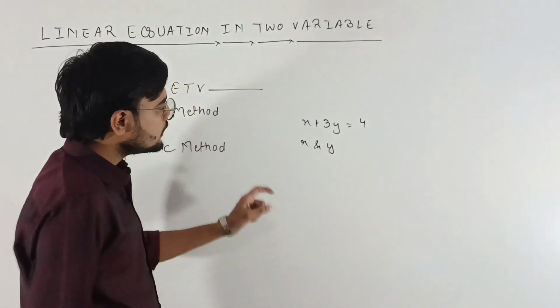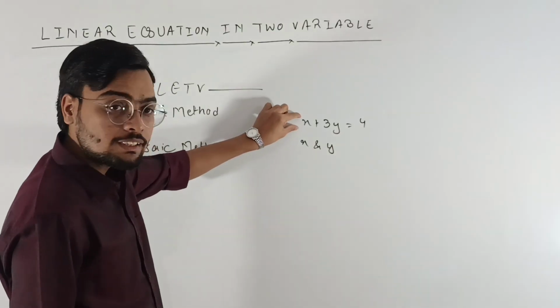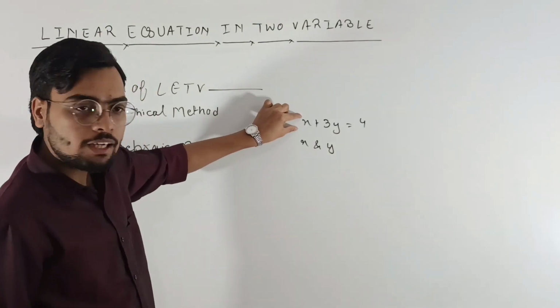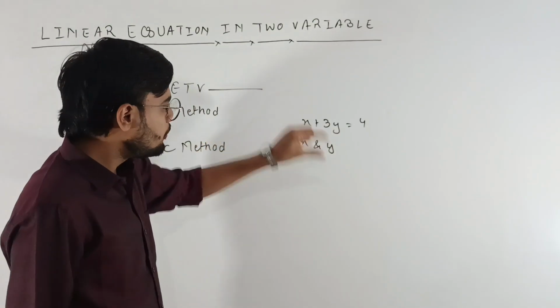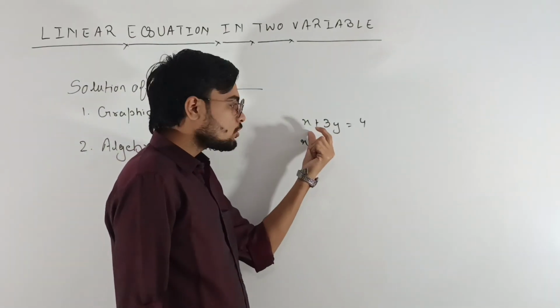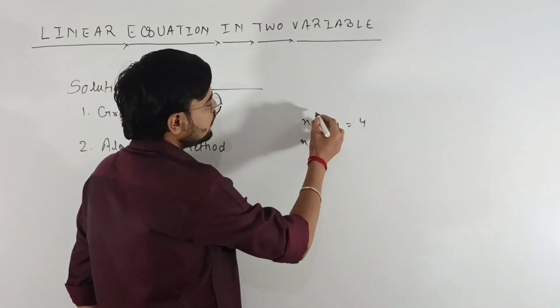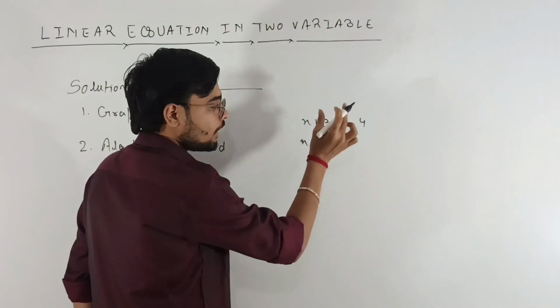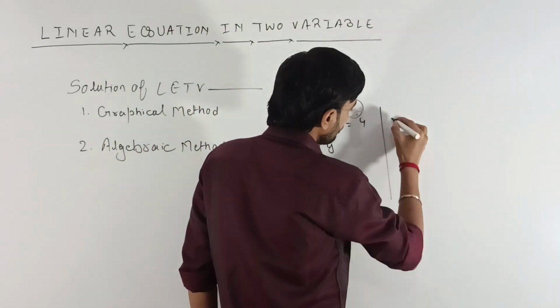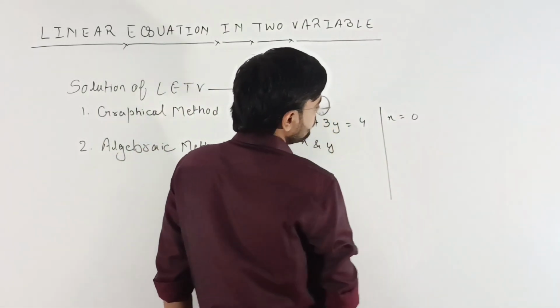Now for this, first step is what? First we assume any desired value of x. Then we put this desired value of x in place of x, and after putting this value we solve this equation, then we get the value of y. Okay. Let's assume, first suppose I assume x is equal to 0.